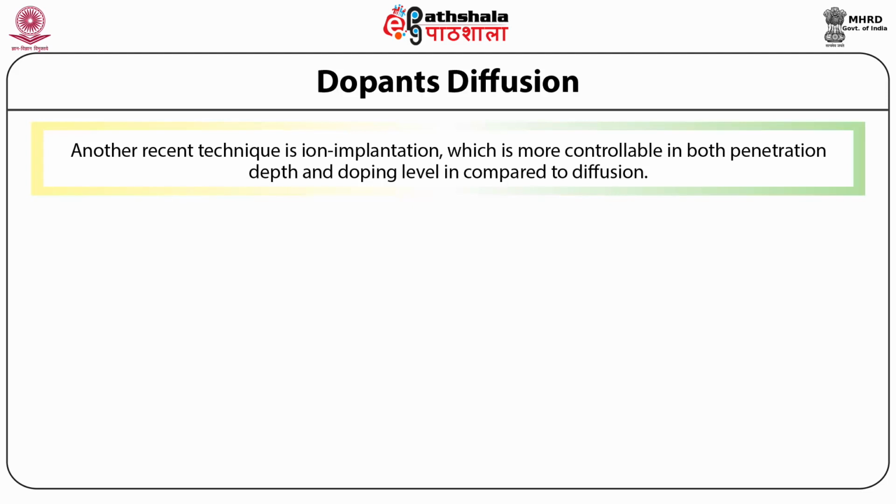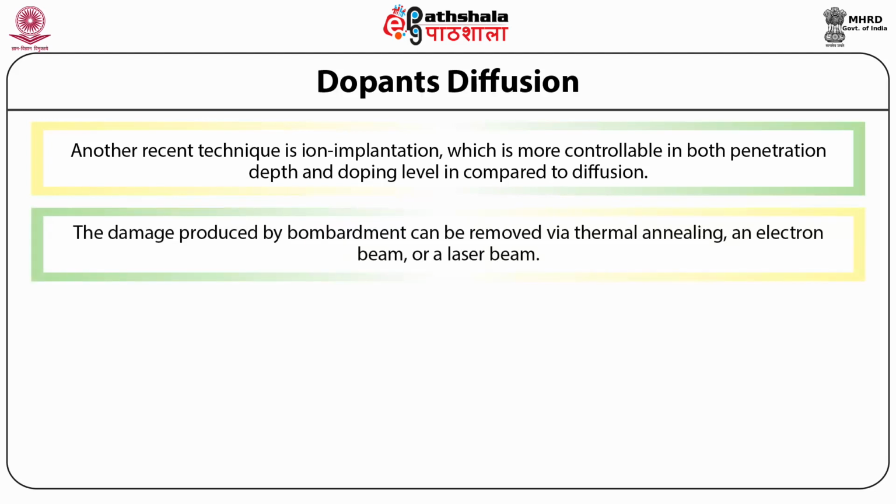Also, the bombardment rate can be made quite high in ion implantation. The damage produced by the bombardment can be removed via thermal annealing, an electron beam, or a laser beam.